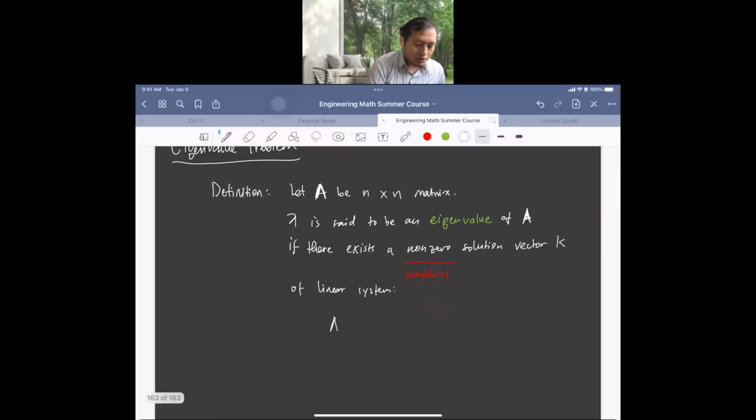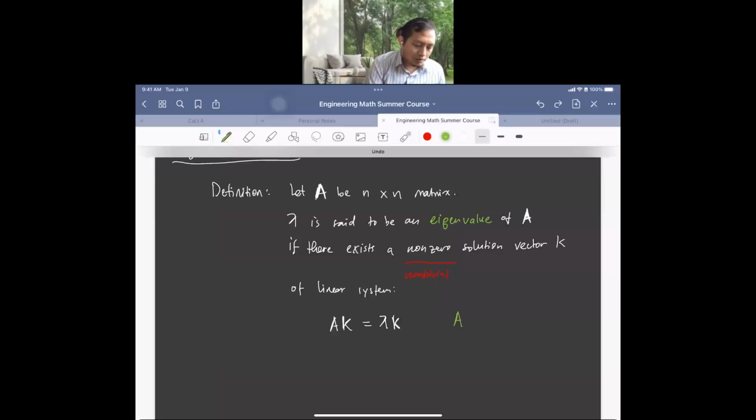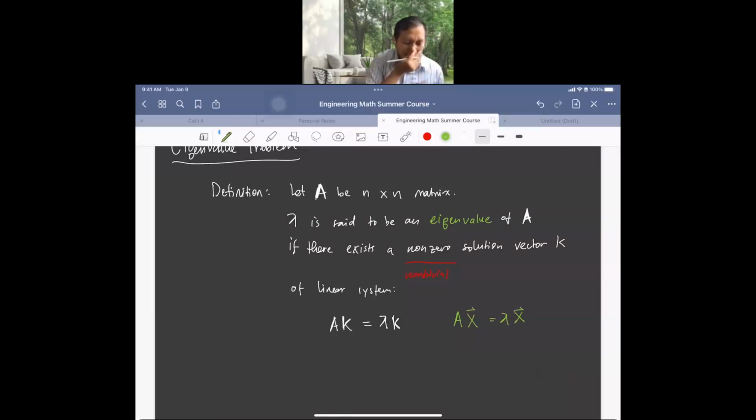And we can write that A k equals lambda k. Sometimes in your textbook it can be k, it can be x. Sometimes we also call this k a solution vector, so we can also call it vector x, but it's the same meaning.